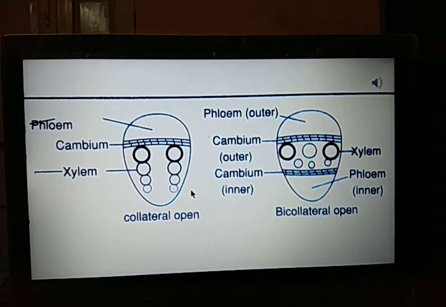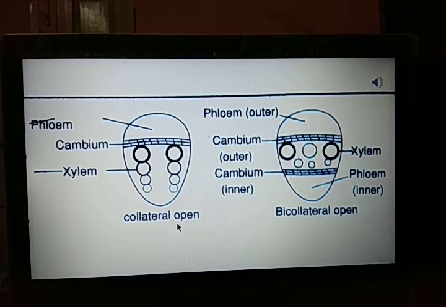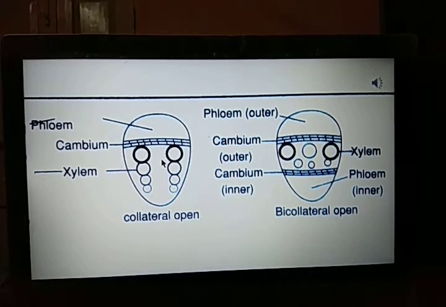This diagram shows the difference between a collateral open vascular bundle and a bicollateral open vascular bundle. Collateral and bicollateral vascular bundles are found in dicot stem. Collateral open vascular bundle is found in sunflower stem, whereas bicollateral open vascular bundle is found in Cucurbita stem.